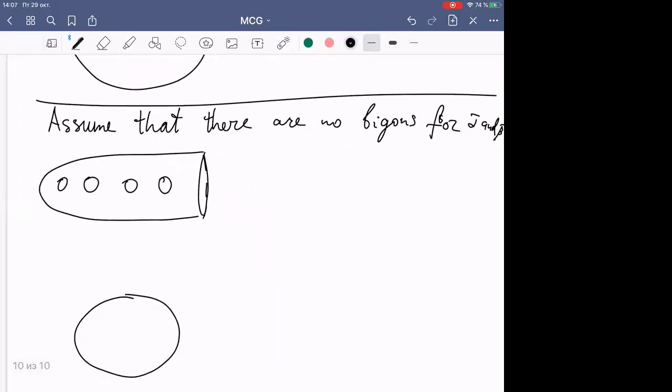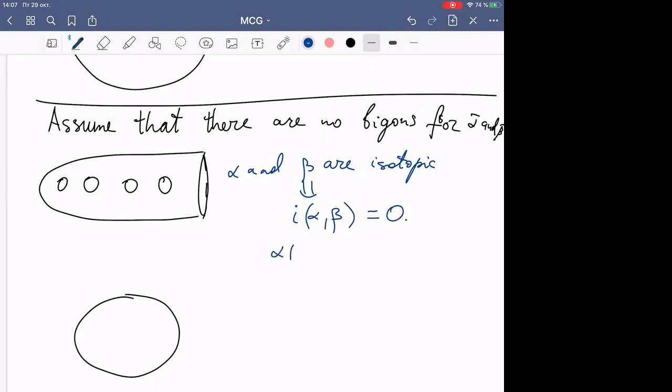Now, upstairs, we know that alpha and beta are isotopic. Hence, their geometric intersection index is 0. However, their number of intersections is non-zero, at least 2.